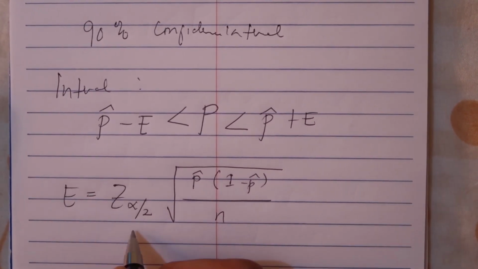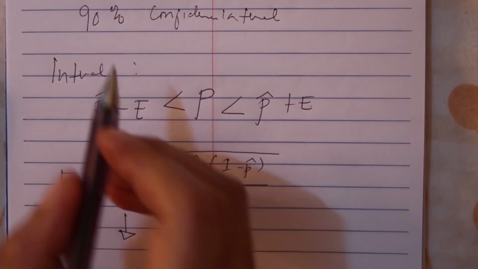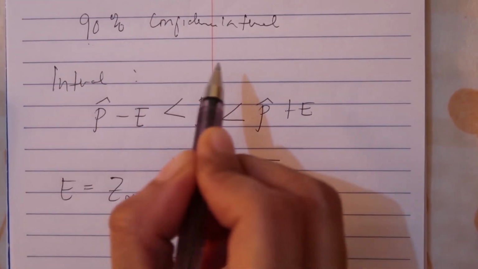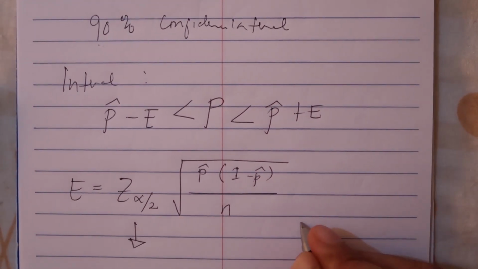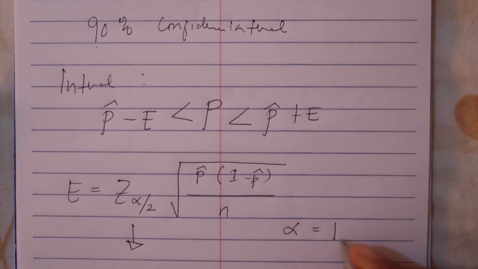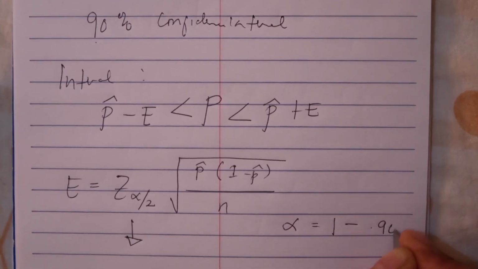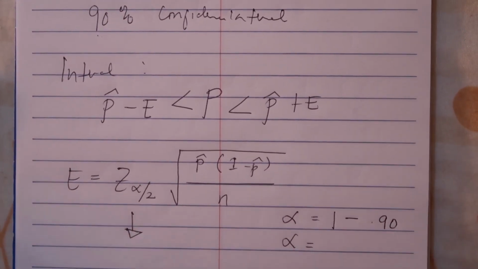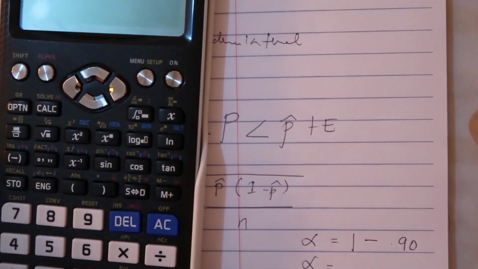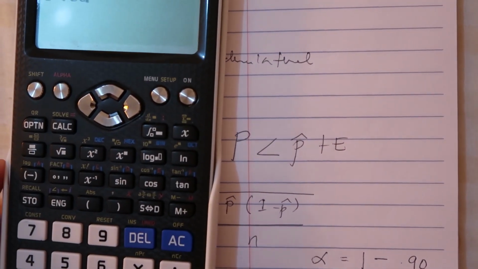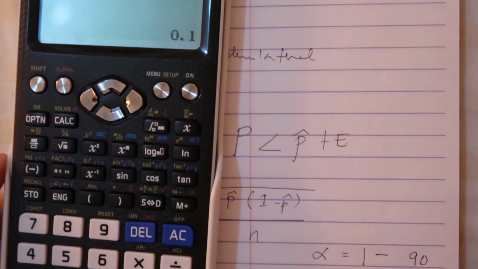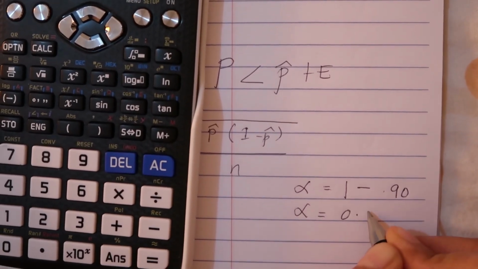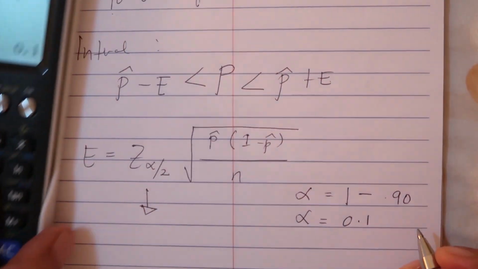Okay? So what is your z alpha over 2 in a 90% confidence level? Alpha is equal to 1 minus 0.90, so that would be 0.10 or 0.1.